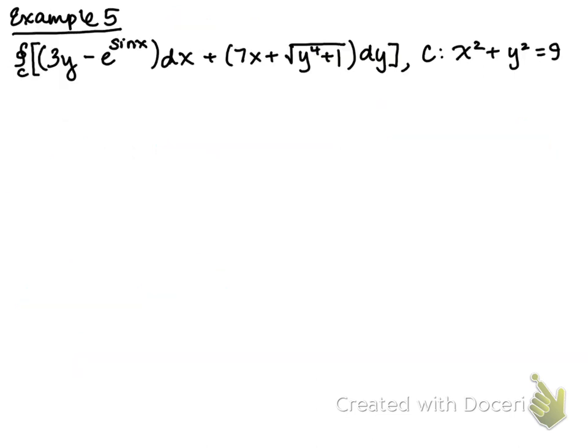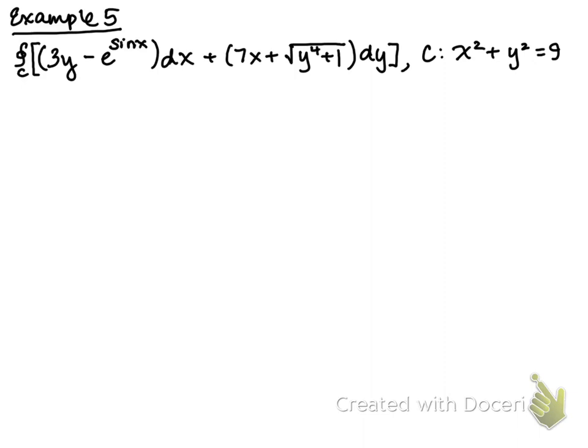All right, example number 5. We have the positively oriented line integral over positively oriented C of 3y minus e to the sine x dx plus 7x plus root y to the 4th plus 1 dy.